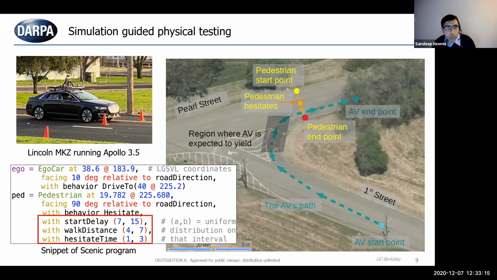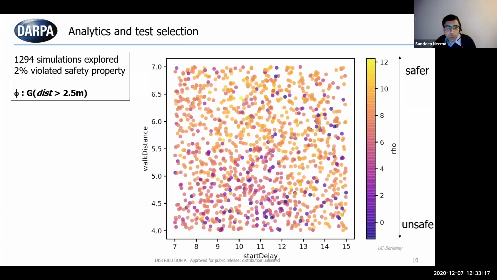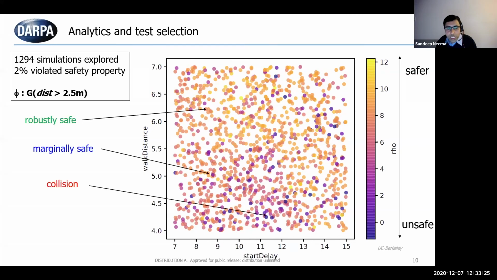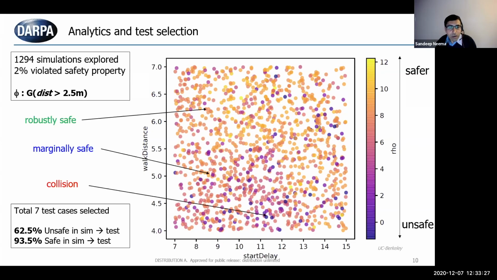Now, once you do these kinds of simulations, you're characterizing these simulation runs with respect to how effective these runs are in terms of being able to satisfy the safety property. The safety property here is, of course, that you want the pedestrian to be a certain distance away from the AV always.